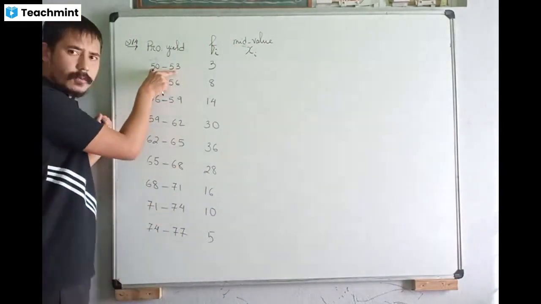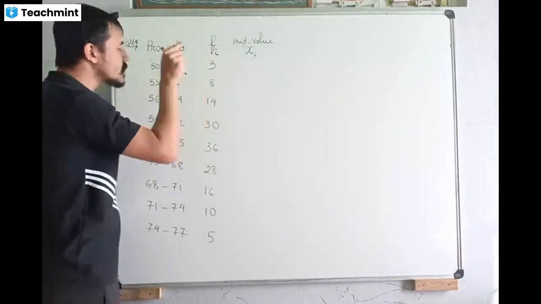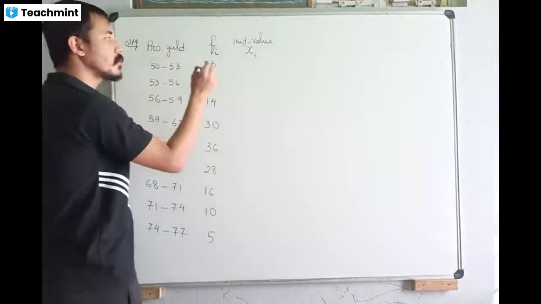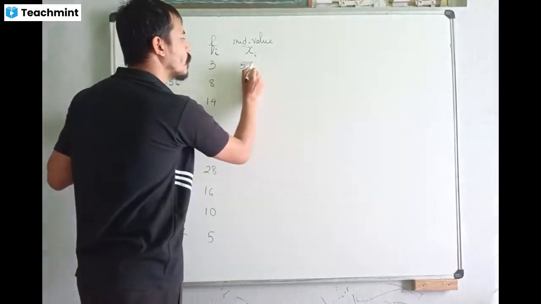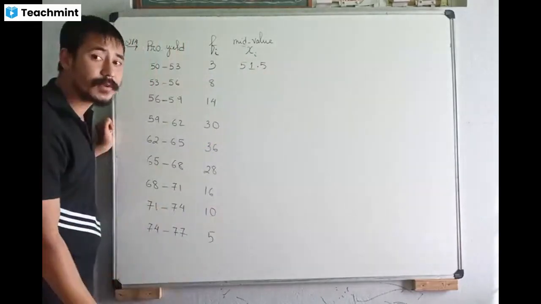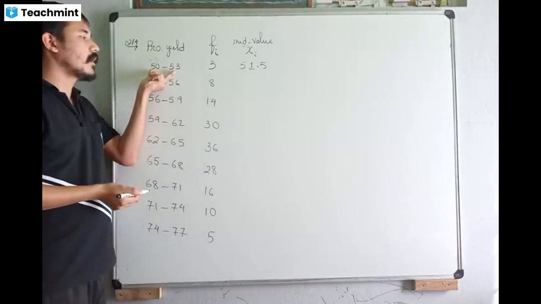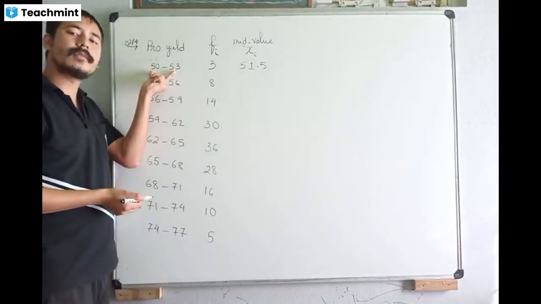Your first group is 50 to 53. The middlemost item of this group will be 51.5. How do you know that? Very simple. Add these two values and divide by 2.